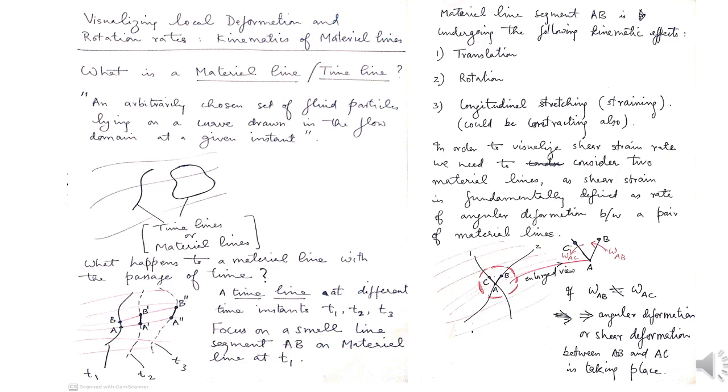Once we have at a given instant two material lines, deliberately chosen as intersecting at point A, we can consider two neighboring fluid particles neighboring to A, one lying on material line 1 and the other lying on material line 2, say C and B.